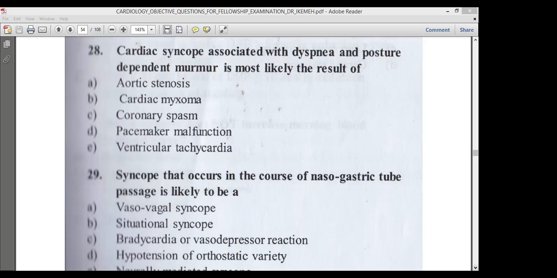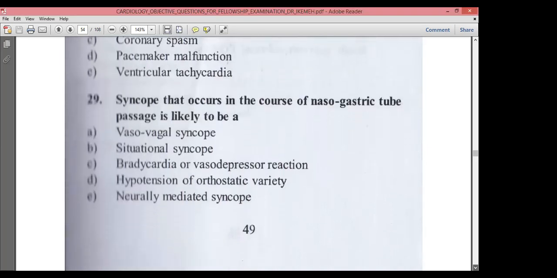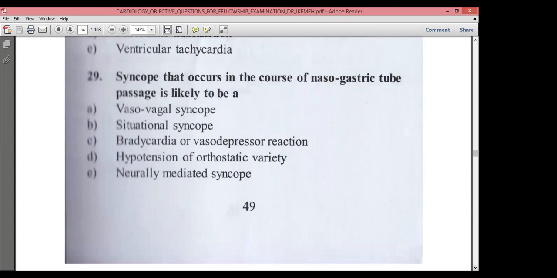Okay, so question 29 says that syncope that occurs in the course of nasogastric tube passage is likely due to A. Vasovagal syncope, B. Situational syncope, C. Bradycardia or vasodepressor reaction, D. Hypotension of the orthostatic variety, and E. Neurally mediated syncope.